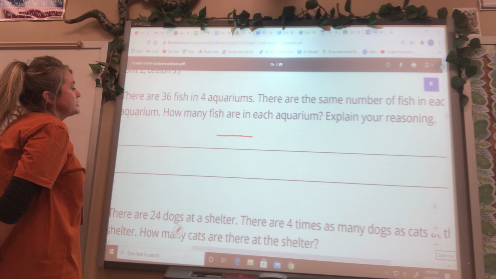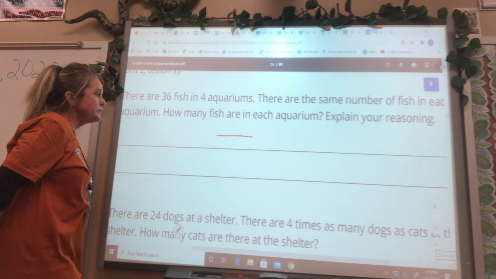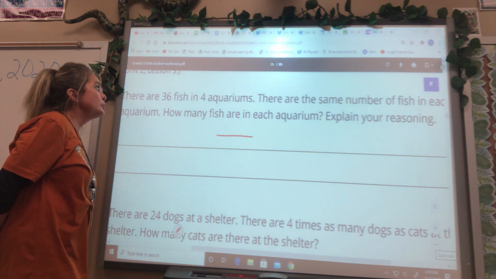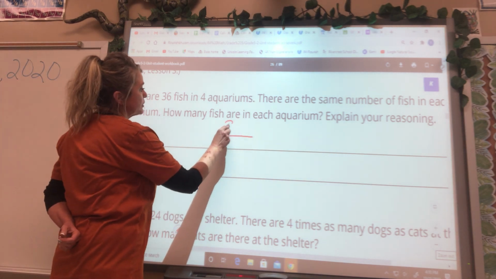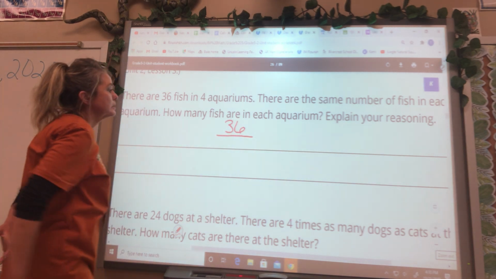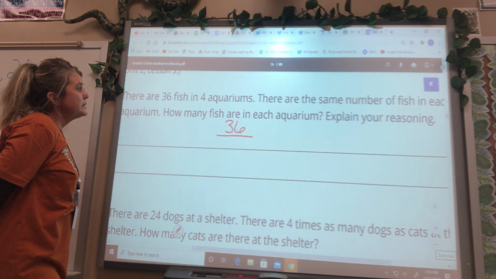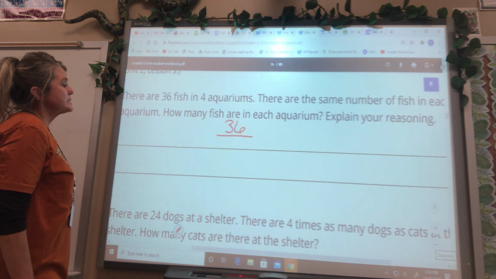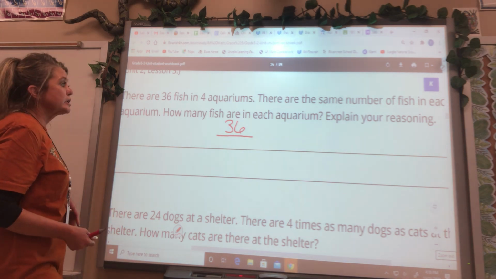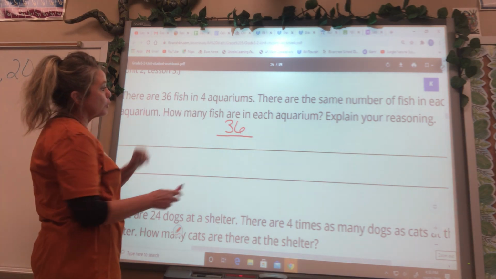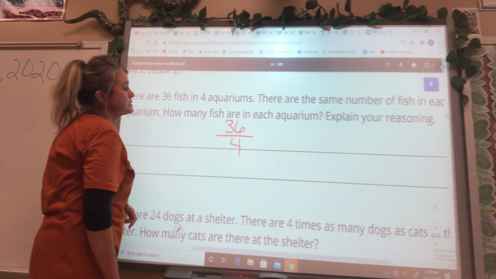We know that the top number will always be represented by how many we have all together. And all together we have 36 fish. Our bottom number is always how many times it's having to be shared or split. It tells us that we're trying to split these into 4 aquariums.